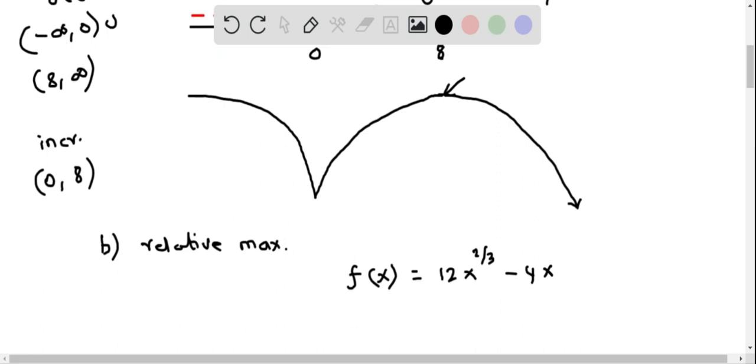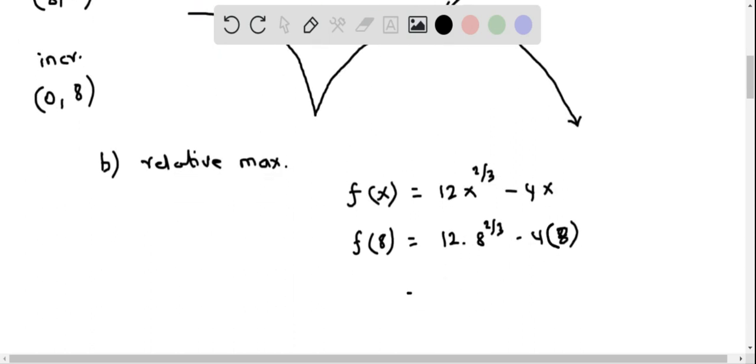minus 4x. Plugging in x equal to 8, we get f of 8, and this equals 12 times 8 power 2 by 3 minus 4 times 8. I can write 8 power 2 by 3 as 8 power 1 by 3 raised to the power of 2, and 4 times 8 is 32.